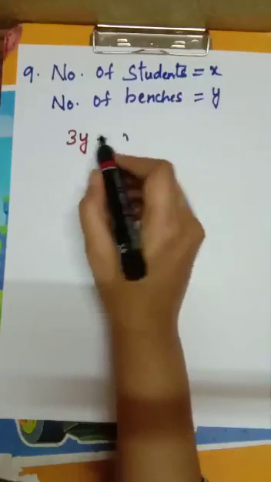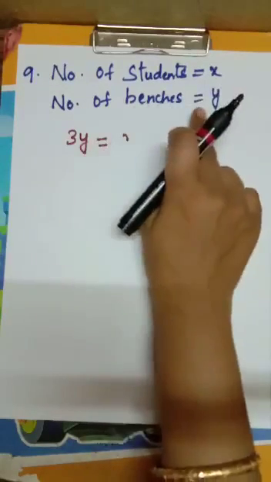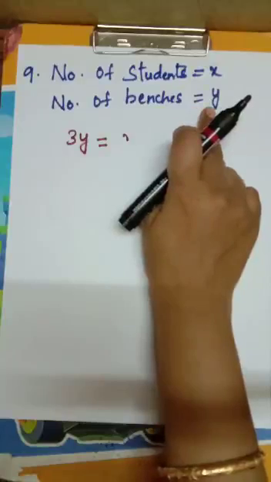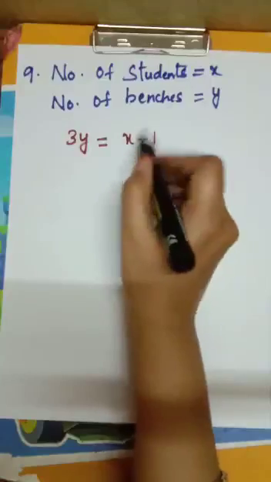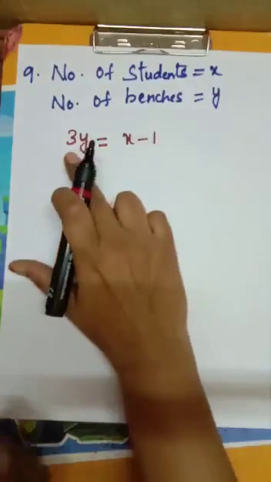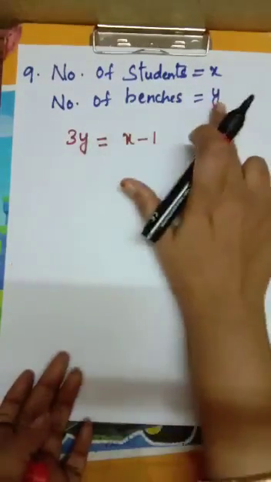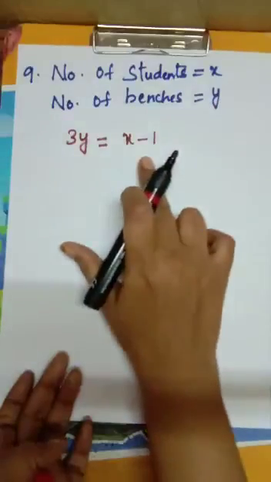If 3 students sit on one bench, one student will be left. यानी एक बच्चा बच जाता, ये स्टूडेंट्स में से एक बच्चा.